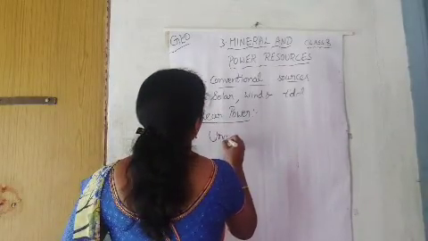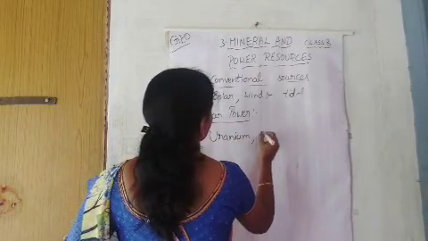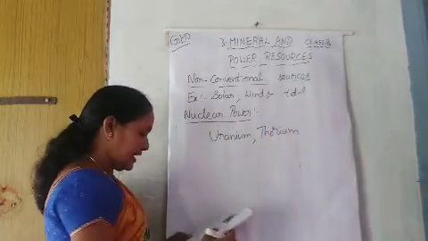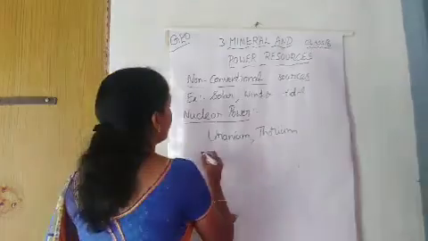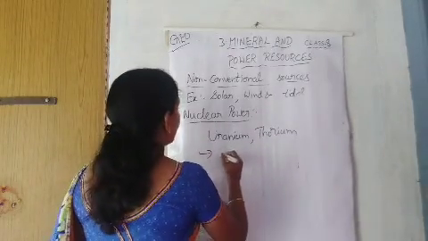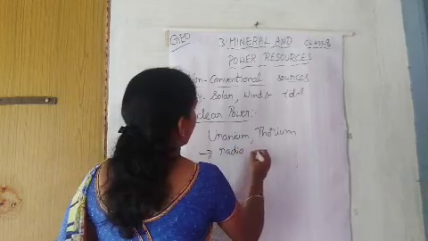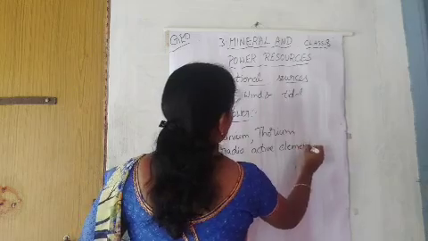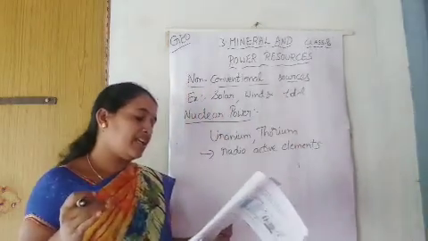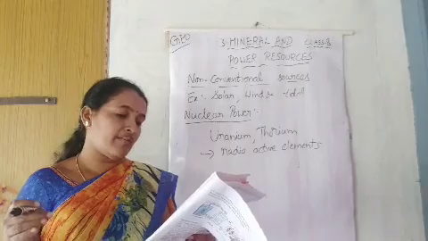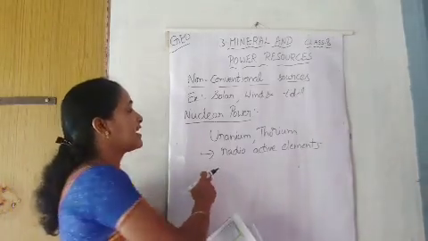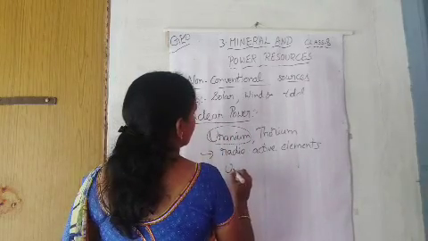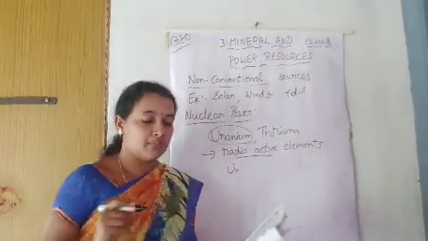These two elements, uranium and thorium, are called radioactive elements. That means they are naturally occurring radioactive elements, with energy stored in the nuclei of their atoms.